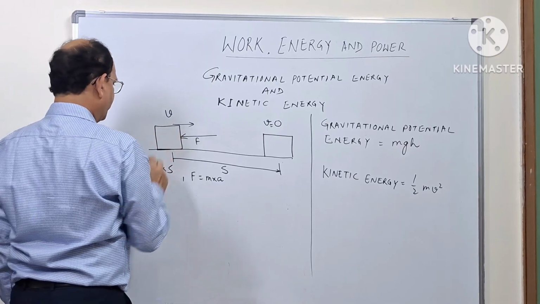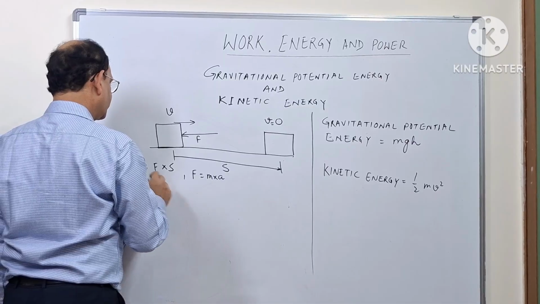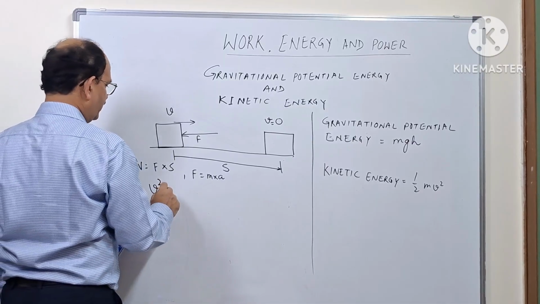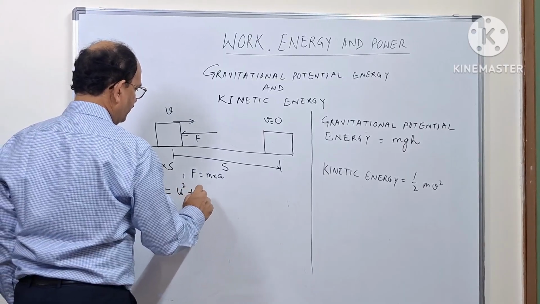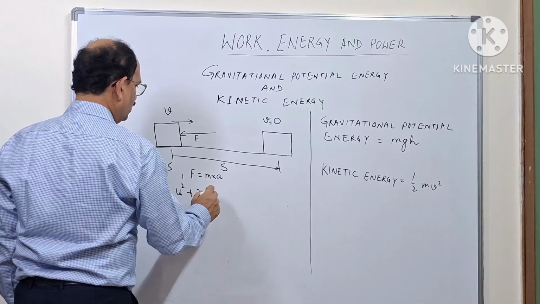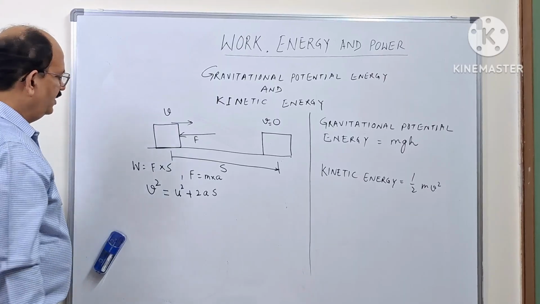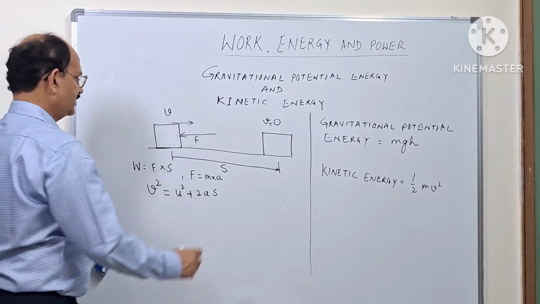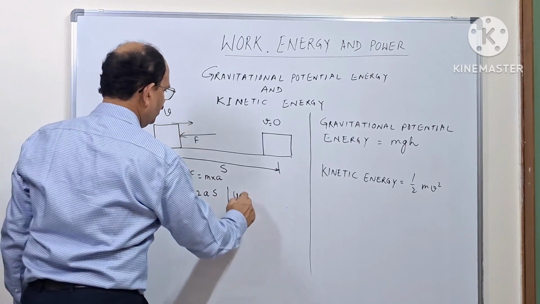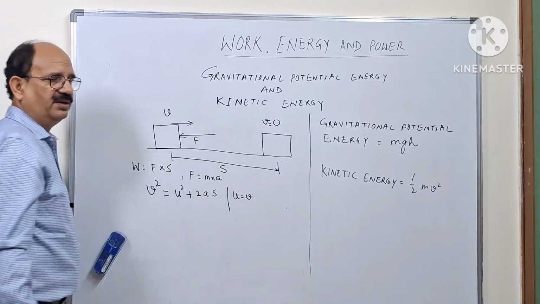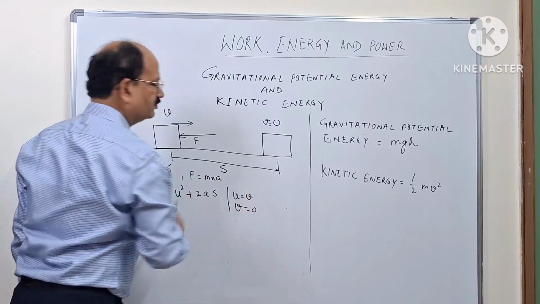Now let us find this acceleration from the motion in one direction. We know that one of the equations of motion is v square is equal to u square plus 2as. Okay. In this given case, initial velocity u is equal to small v, and the final velocity becomes 0.